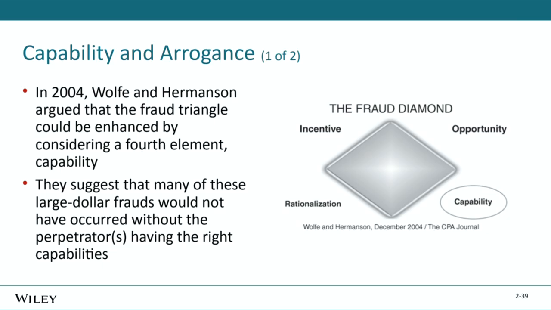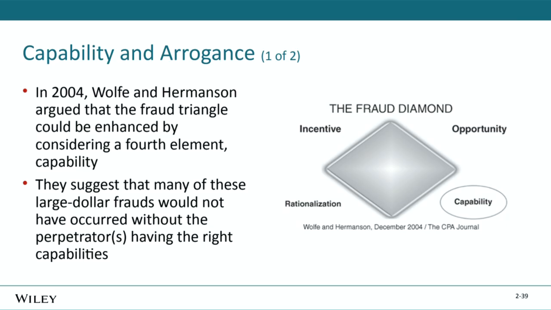the capability. They suggest that many of the large dollar frauds would not have occurred without the perpetrator having the right capability. Okay, I think for large dollar amount frauds, yeah, where they're hacking into computer systems, where they're doing financial statement fraud, what have you.